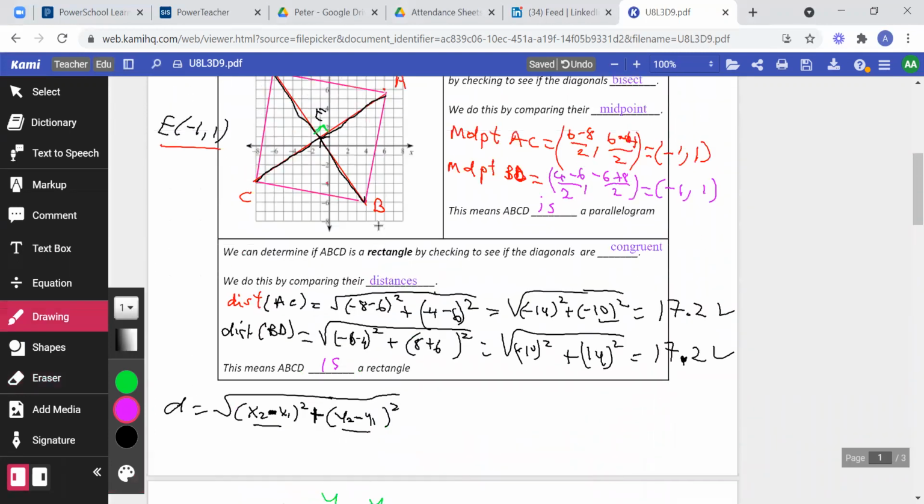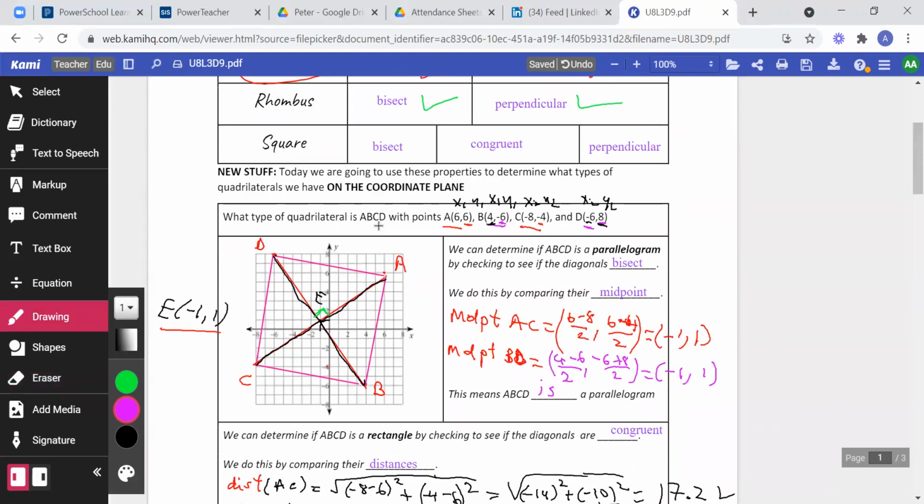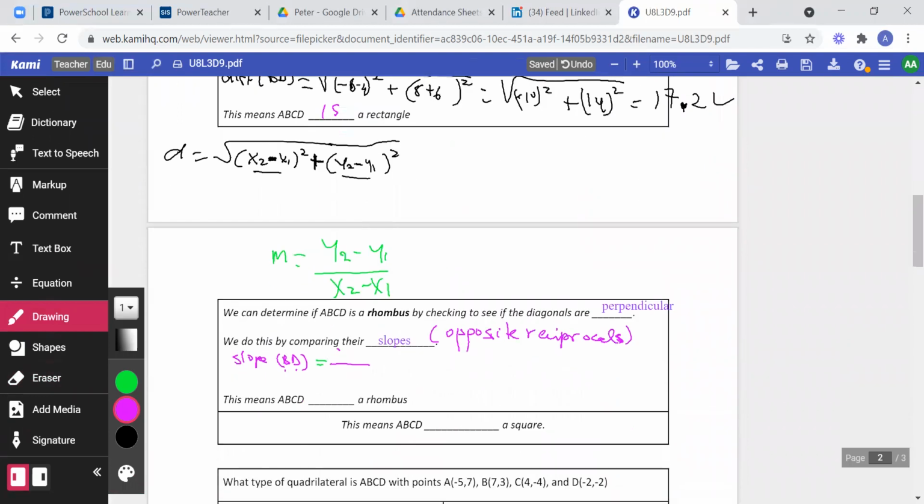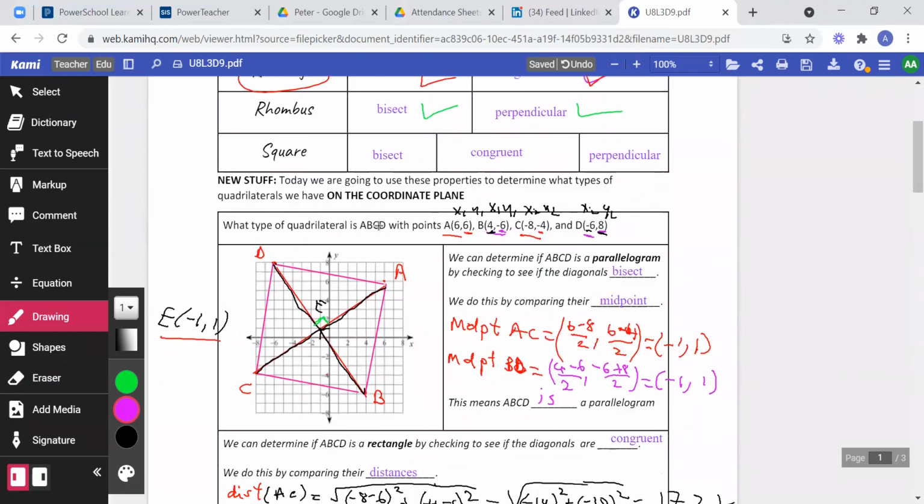So the X component at D is -6 minus 8... the X components are 8 minus 6, which is +6. The Y component is -6 minus 4.